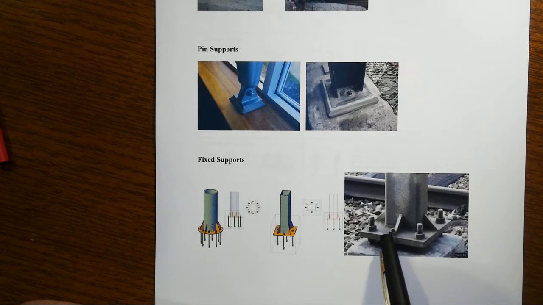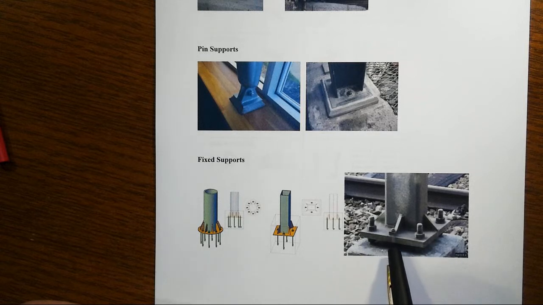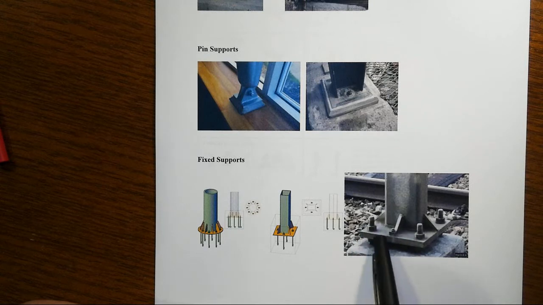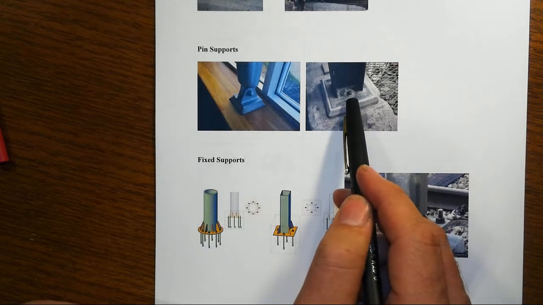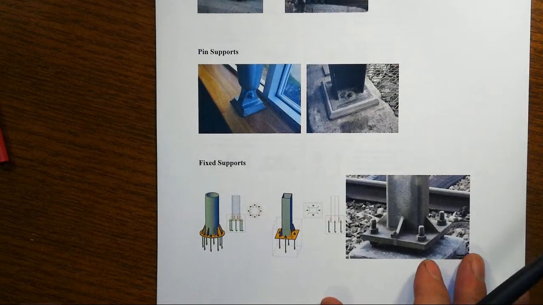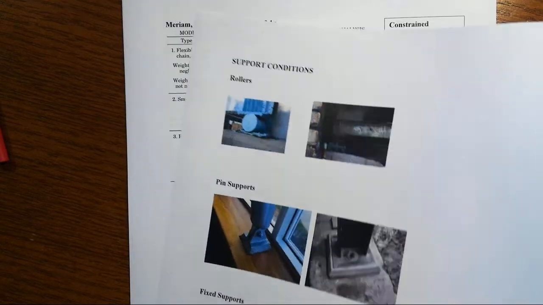This much thicker base plate, these little pieces that are stiffeners, and anchor bolts that are many and all around the edges rather than inset, are a direct indicator that these are fixed supports. So let's get into a little bit more about just why they're called roller, pin and fixed supports.